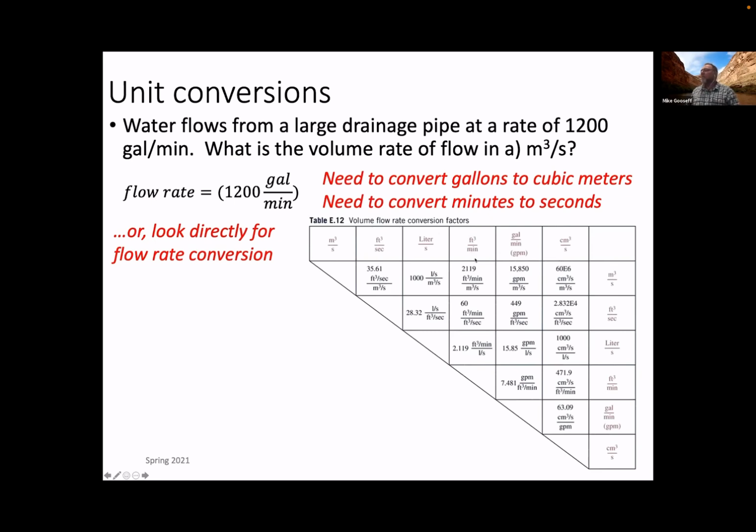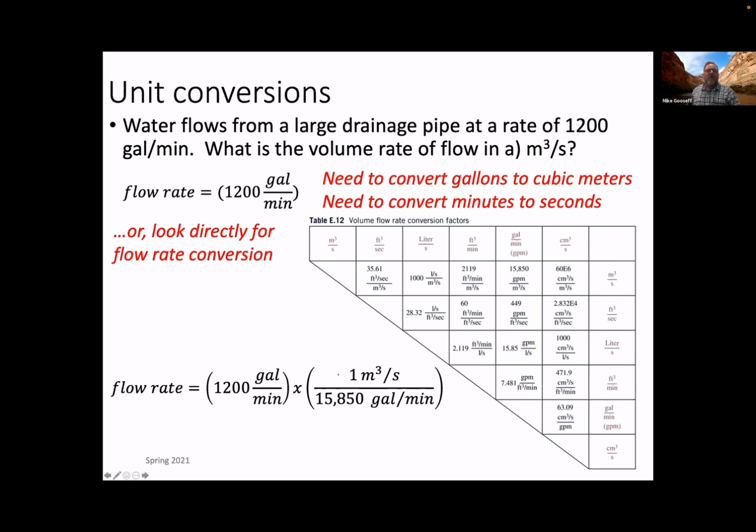We had gallons per minute, so here's gallons per minute in the top, and here's cubic meters per second. They tell you that there are 15,850 gallons per minute in 1 cubic meter per second. All right. So now, instead of making two conversions, we could make just one, and we could set this up to say 1,200 gallons per minute times.